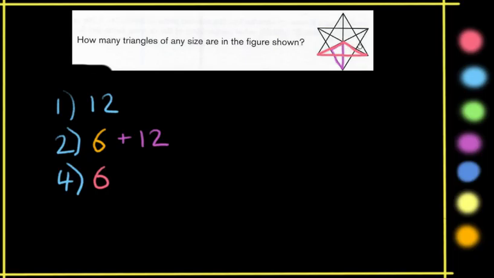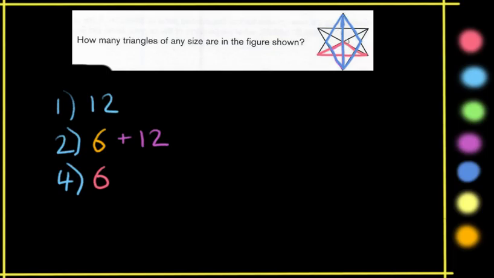But there are also some outward pointing triangles. Let me see if I can draw that. If I draw a triangle that goes all the way from up here, all the way down through the middle, and then pokes out like this, that's another way to make a triangle. And there's a twin of that one pointing the other direction, and together they form a little bit of a diamond.